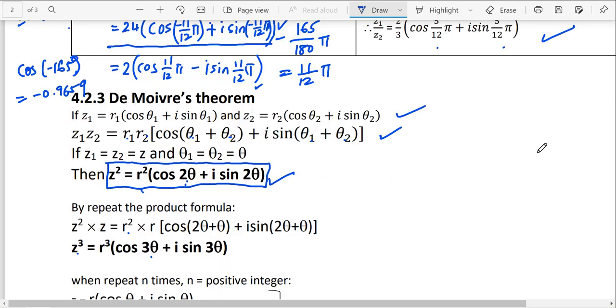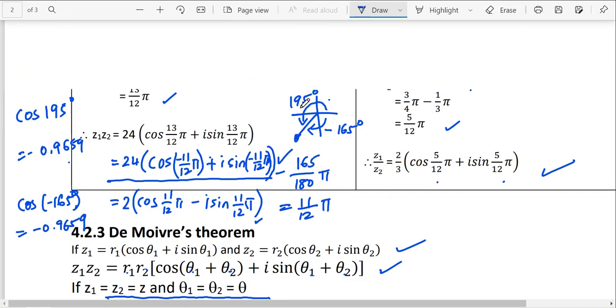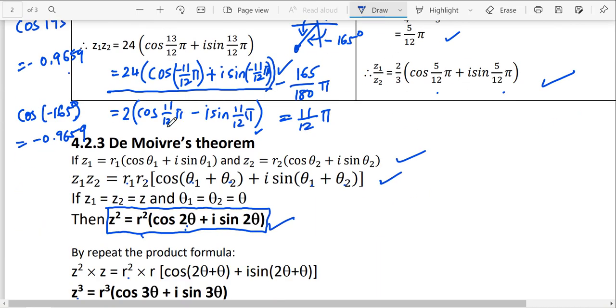Okay, next is the De Moivre theorem. Okay, De Moivre theorem is further from here. So if we know already, if I have Z1, Z2 in polar form, if I times together, I will have this formula. If Z1 equals Z2, if both are the same, I let Z1 equal Z2 equal to Z. So if the same, I times together, I will get Z squared.